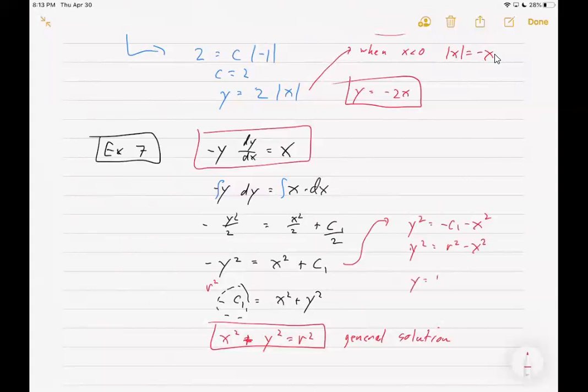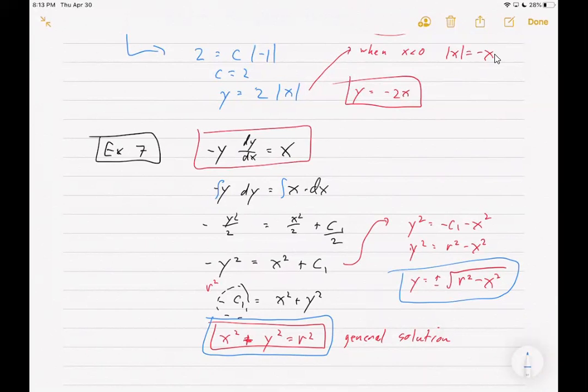So y is plus or minus the square root of r squared minus x squared, where the positive root gives you the top of a circle and the negative root gives you the bottom of the circle. But we can use the implicit form and get the whole circle. So sometimes it's better not to solve for y when it gives us something with which we're familiar.